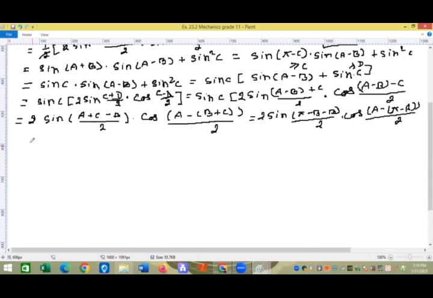Now if you go further from here, we have 2 sine, and here you can see that this is pi, so you can write pi by 2 minus B, divided by 2. One thing we are missing from here: sine C is continued here. Okay, so sine C is continued here, right?